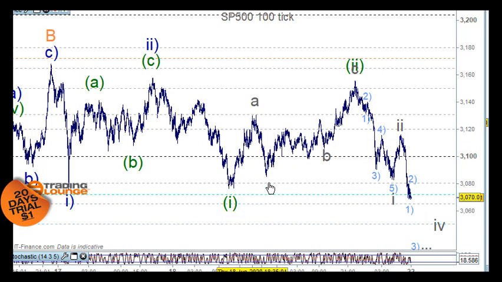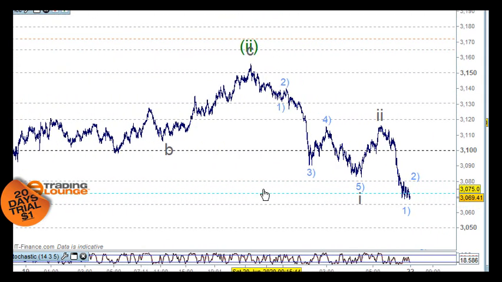So looking at this as well, 1 and A, and a B and a C here for wave 2. Remembering the cash made a clear high above this one, and we need to double check this high and this high for the cash.